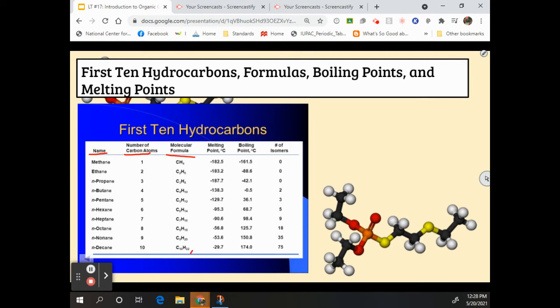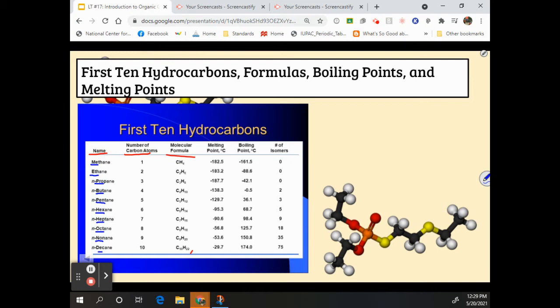I'd also pay attention to the fact that each one of these has a unique prefix, and the unique prefix is going to indicate the length of the carbon chain. So for example, meth means 1 carbon, eth means 2 carbons, prop 3, but 4, pent 5, hex 6, hept 7, oct 8, non 9, and dec 10.